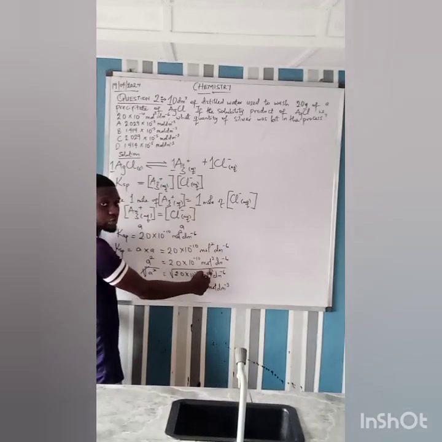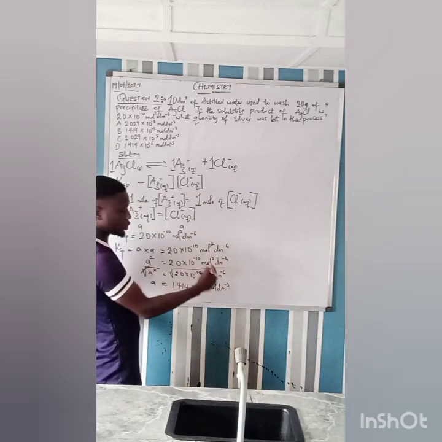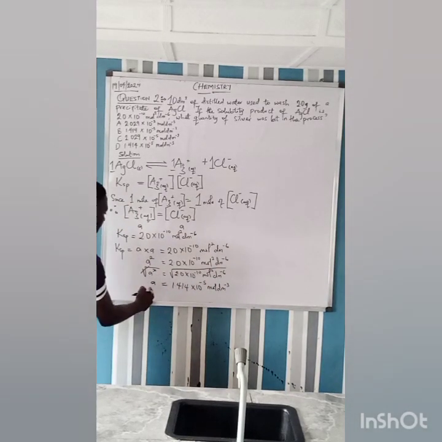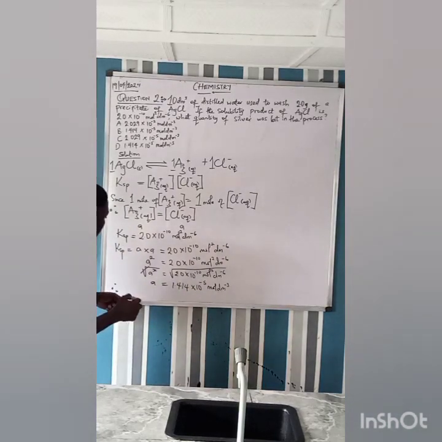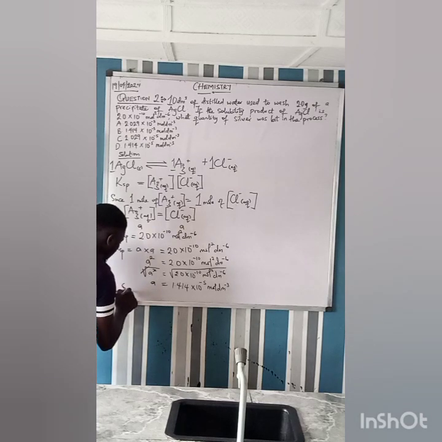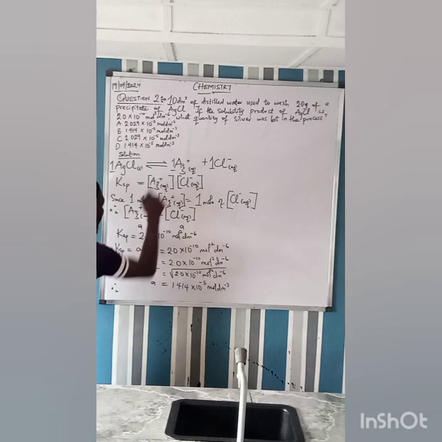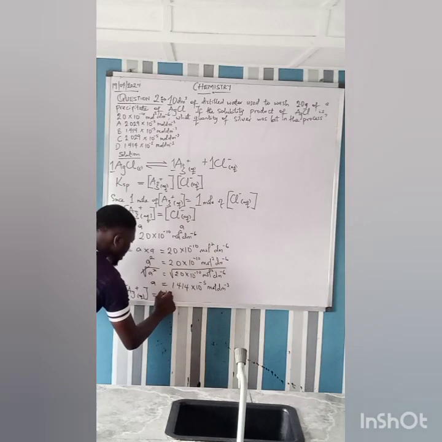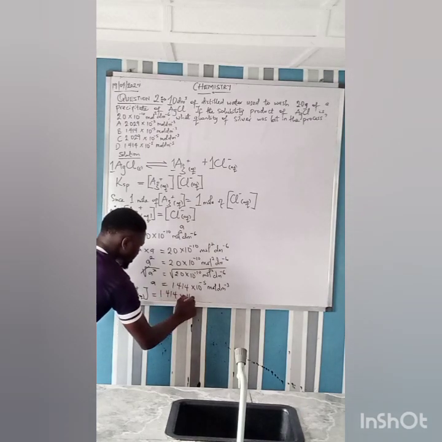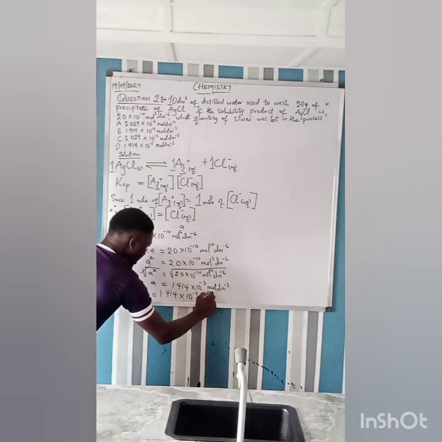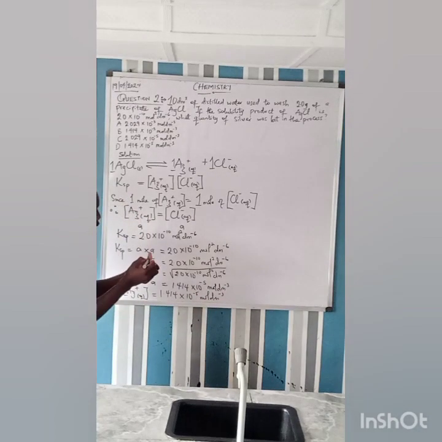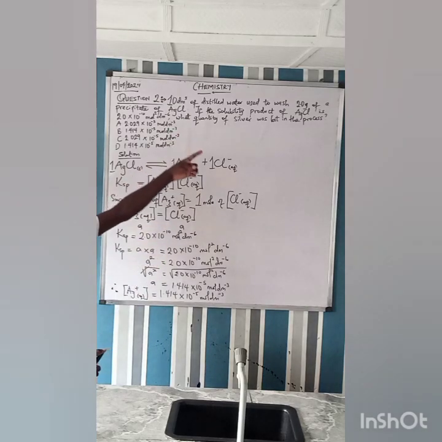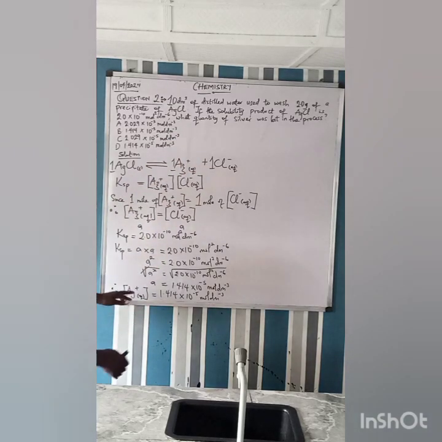Since we are dividing this one by 2 and also dividing this one by 2, we have this. Since our A is equal to this, therefore the solubility of Ag plus aqueous will be equal to 1.14 times 10 raised to the power of minus 5 mole per dm cubed, which is also what we meant by the quantity of silver that was lost in the process being known as the solubility.